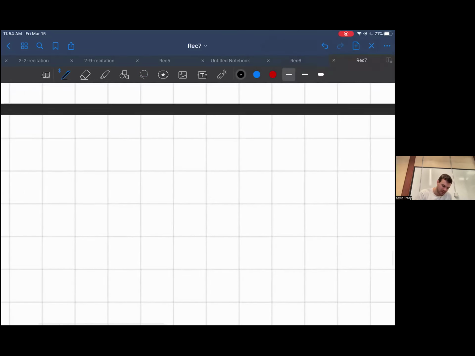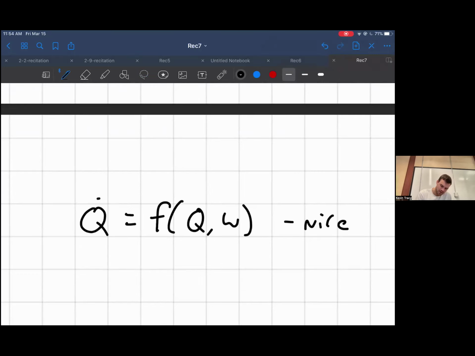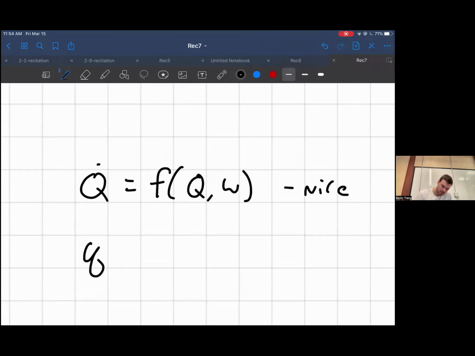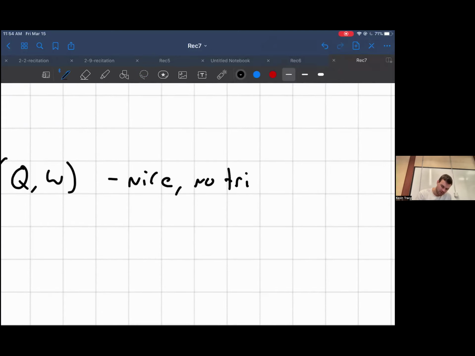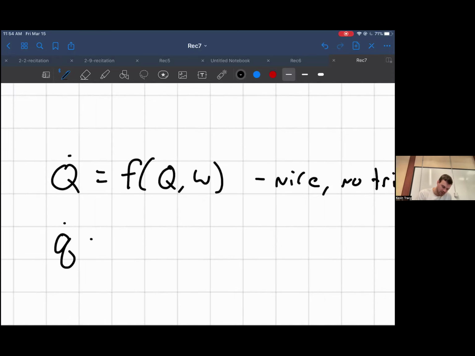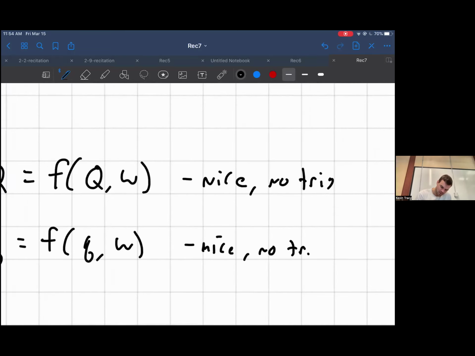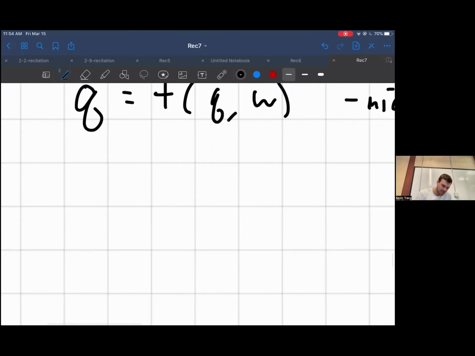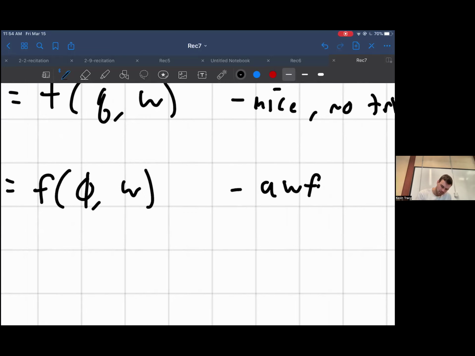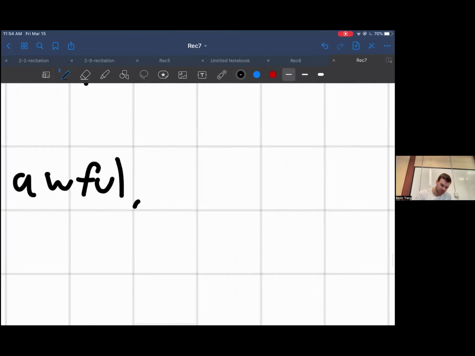So we've been over this: q dot as a function of the rotation matrix is nice, well-defined, no trig. Then q dot, which is our quaternion kinematics, is nice, no trig. And then we have axis angle. And this is just awful. Don't use.